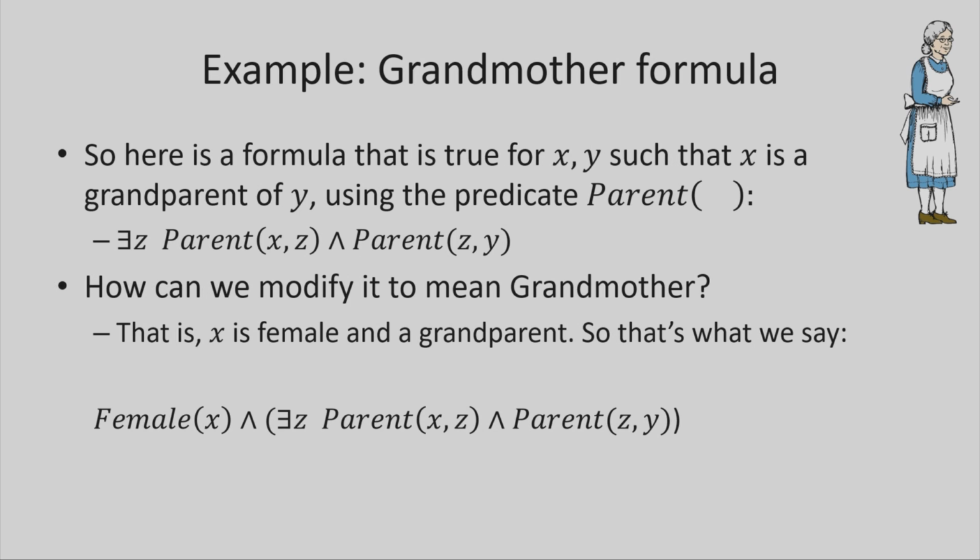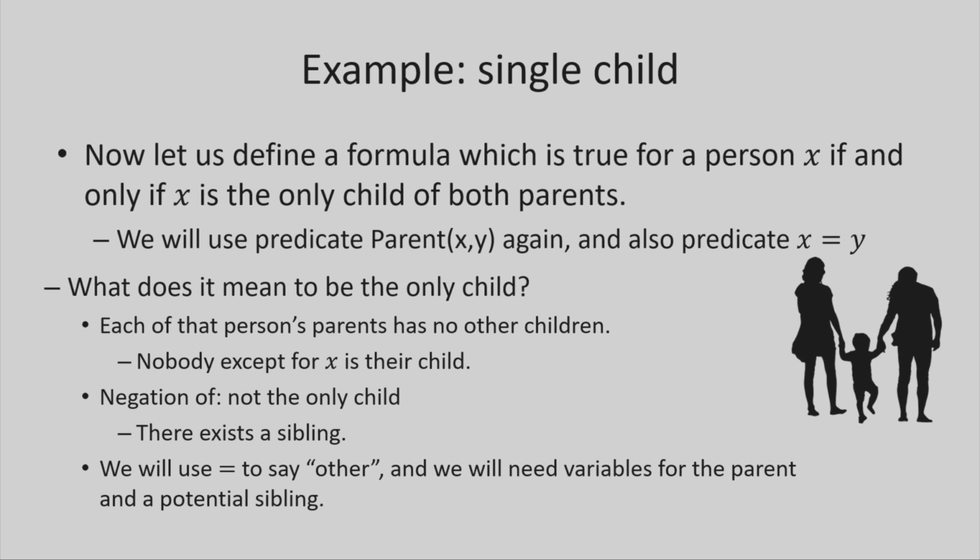Okay, so now that you're probably getting more comfortable with writing formulas about relations of people in our genealogical database, let's try a little bit more complicated formula. So suppose we want to write a formula which would be true for a person X if and only if X is the only child of both parents.